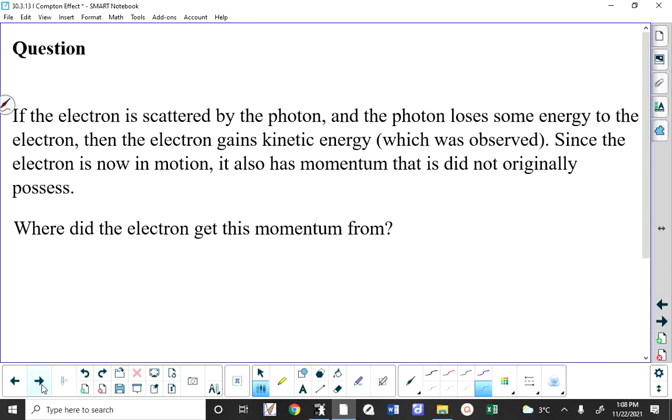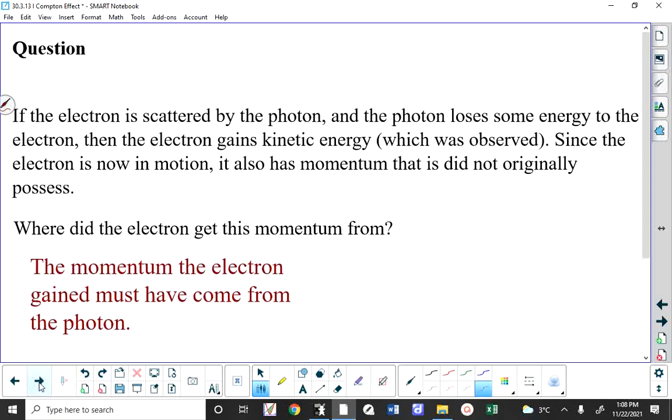It's got only one possible answer, doesn't it? It's not like I'm telling you there were other things in there that you couldn't see. The only thing that interacted with the electron was the photon. So the momentum the electron gained must have come from the photon.